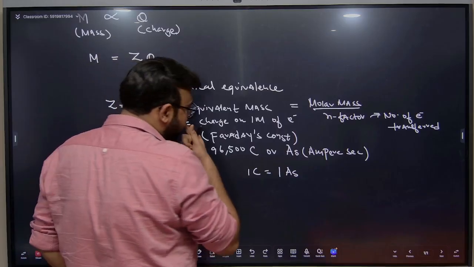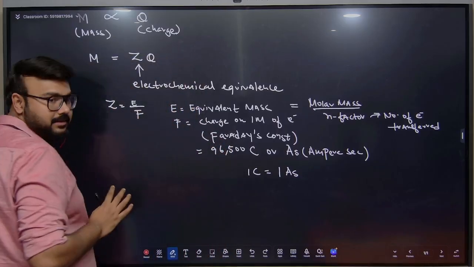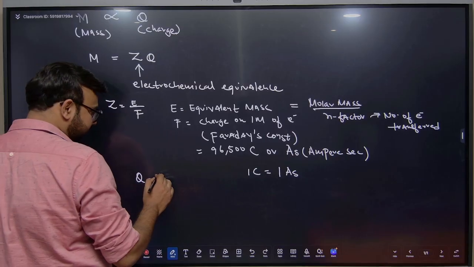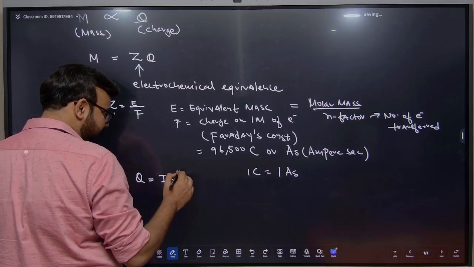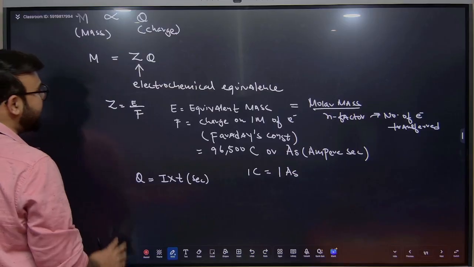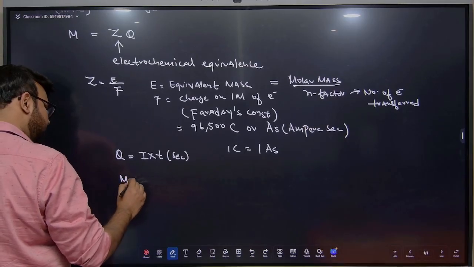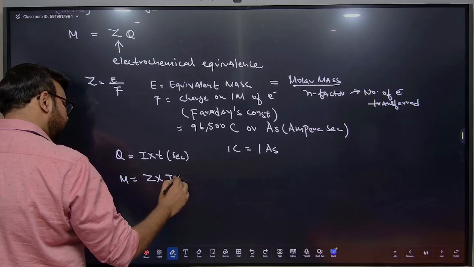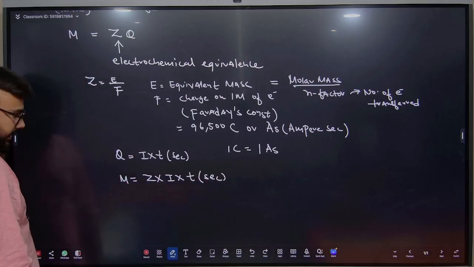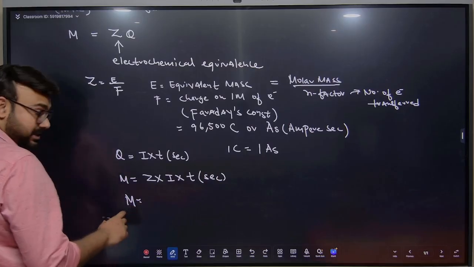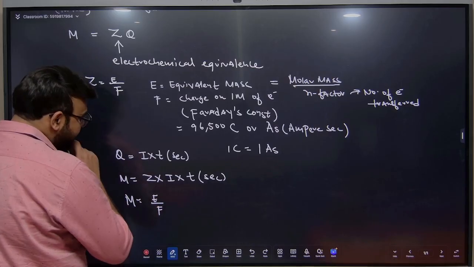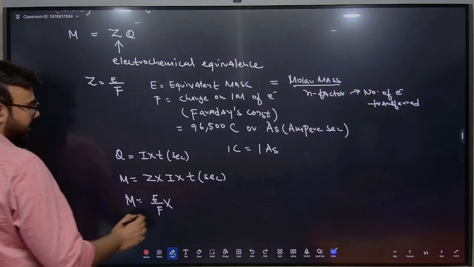Now we know what Z is, but let's find out what Q, the charge, is. It is basically current times time, in seconds. So the extended formula would look like M is equal to Z into I into T, and remember, T is always in seconds. If I have to elaborate further, M is equal to E by F into I T.